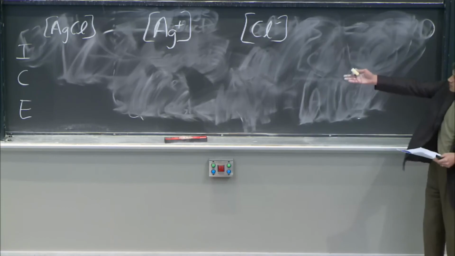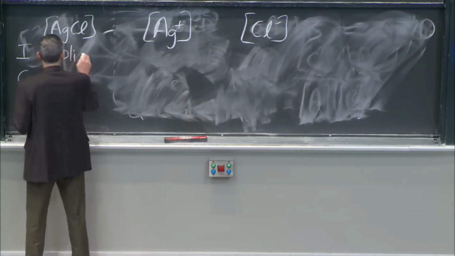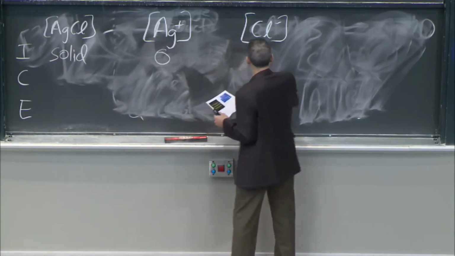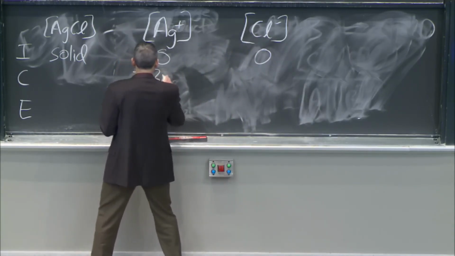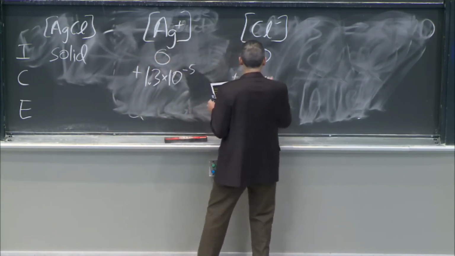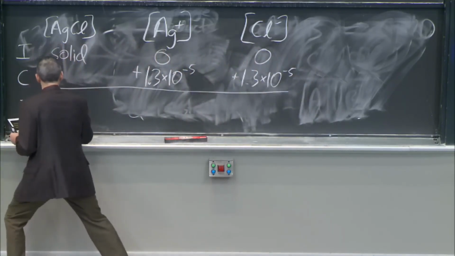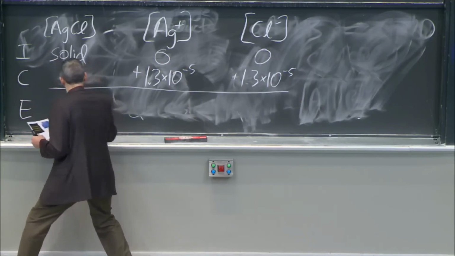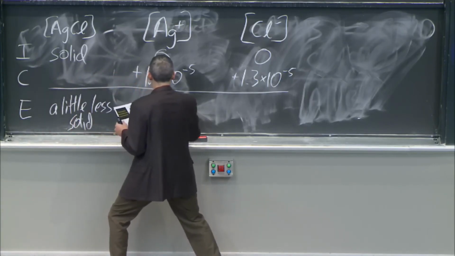Initial, change, equilibrium. It's just a way of keeping track of what I just did. Because I started with some amount of solid, okay, and I had 0. I put it into water, I had 0, but then I added 1.3 times 10 to the minus 5th, and I added 1.3 times 10 to the minus 5th, and so my equilibrium is a little less solid, and over here, it's just these numbers.